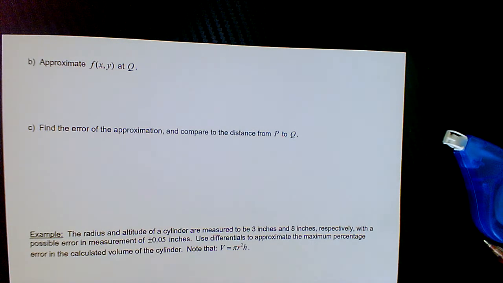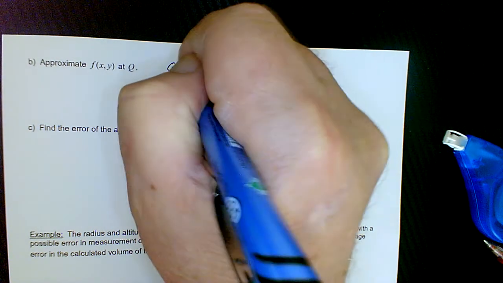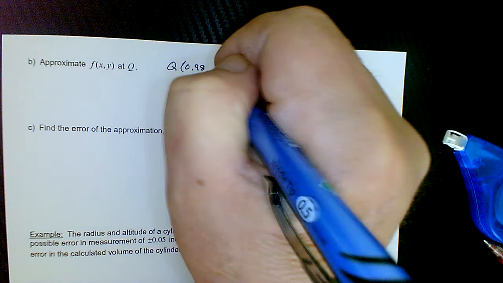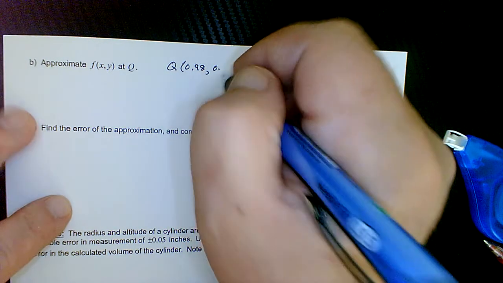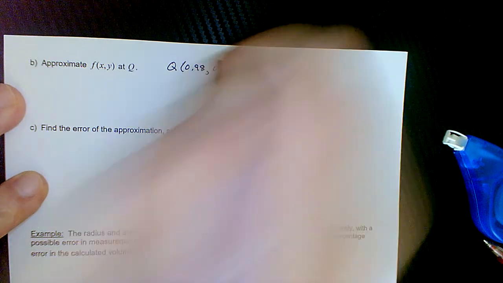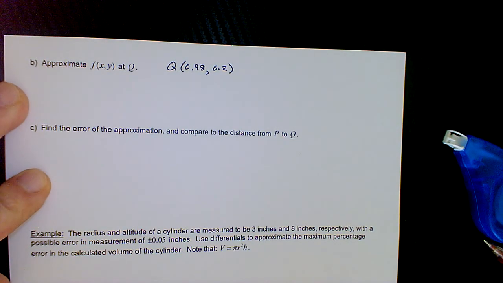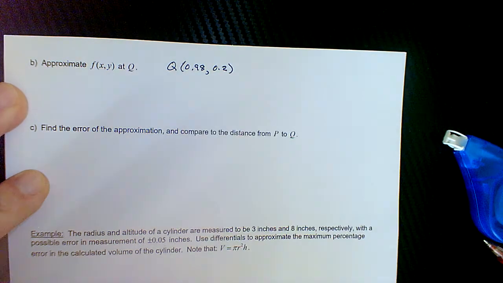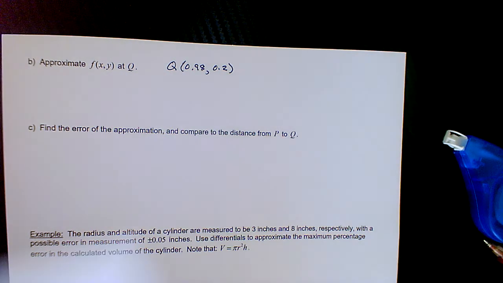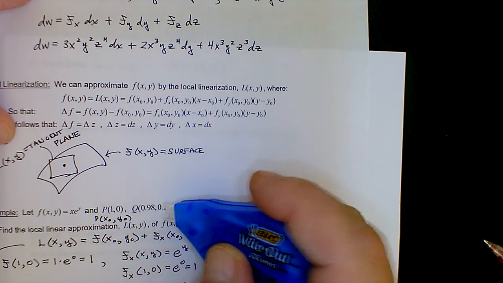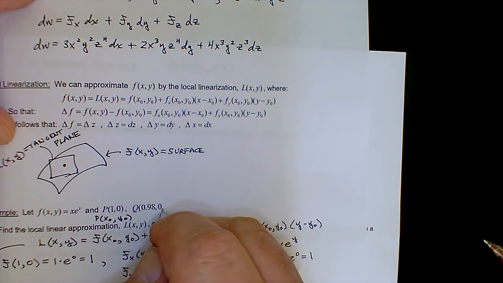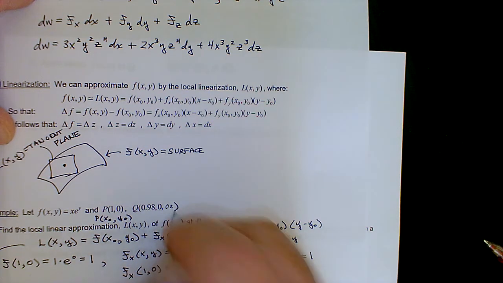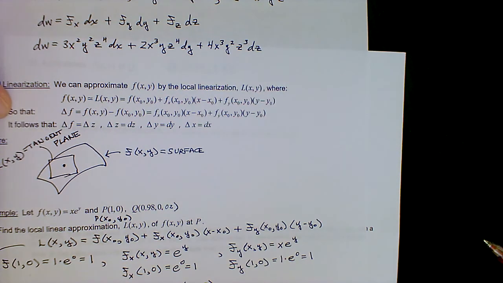So the point q, recall, was 0.98 and 0.2. Actually, I want that to be 0.02, I'm sorry. So we're going to change that in the given problem as well. That's my mistake. We want this q to be 0.98, 0.02. So please make that correction.